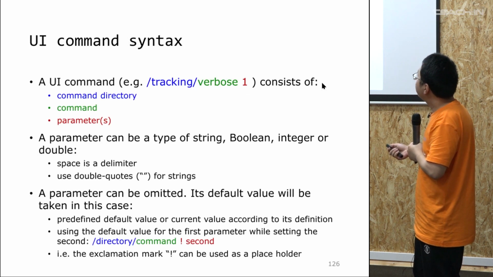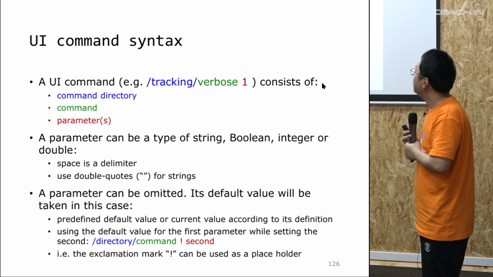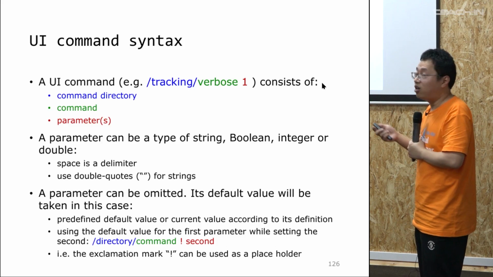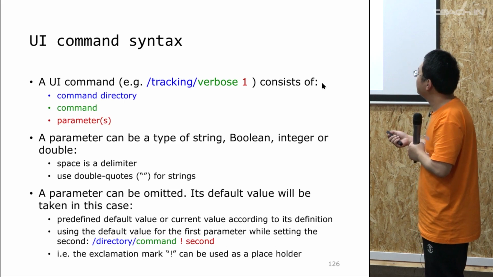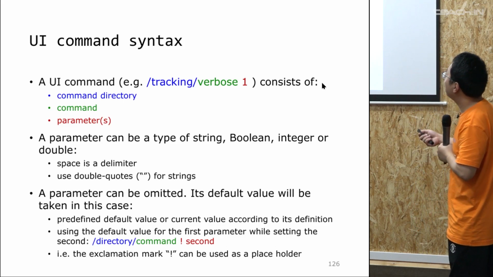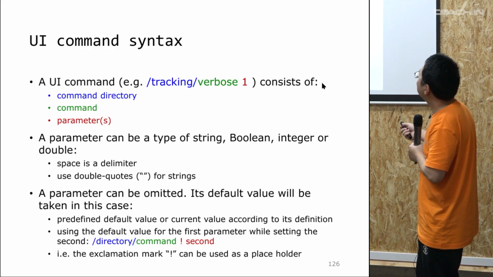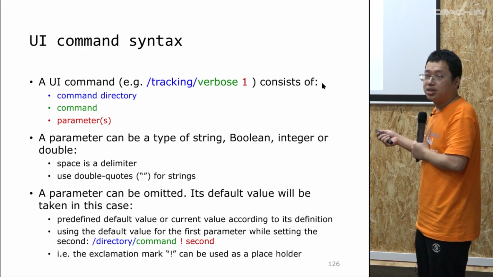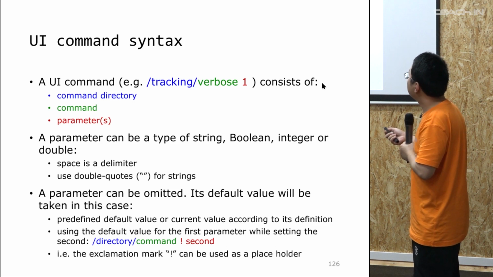And there are some rules defined by Geant4, so all UI commands follow this rule. One UI command is like a directory, like /tracking/verbose, and then you have some additional parameters. So you can see this is how Geant4 defines its UI syntax.